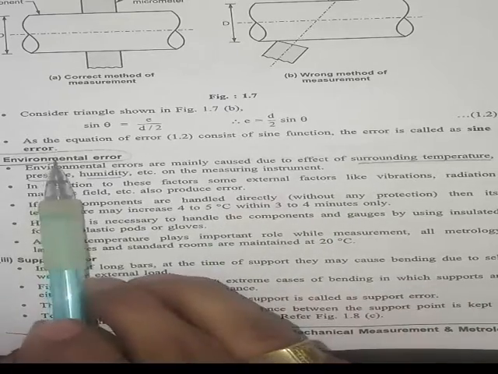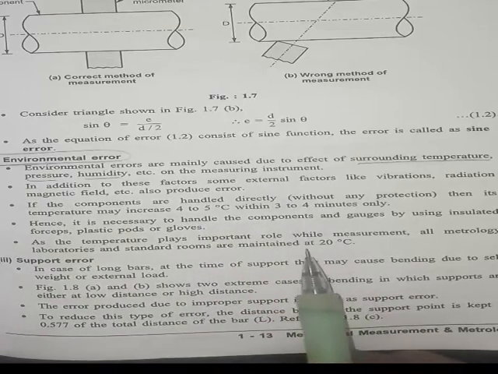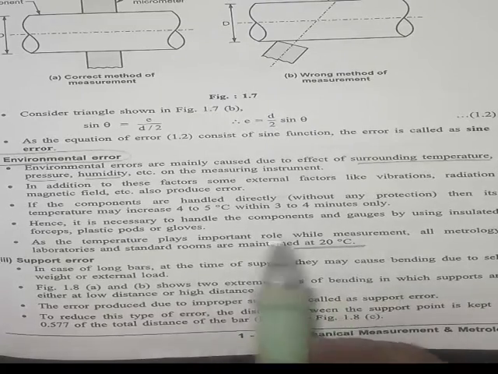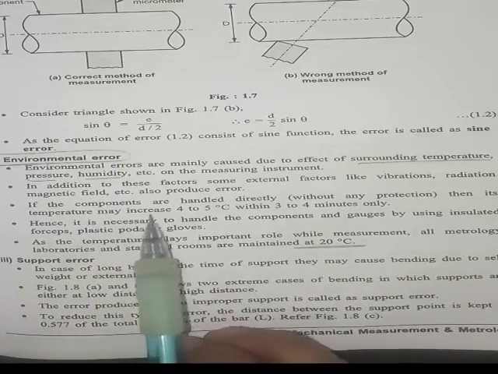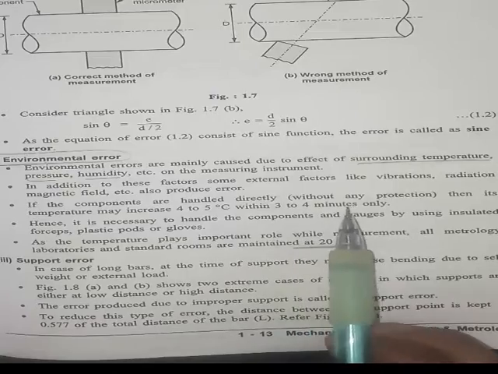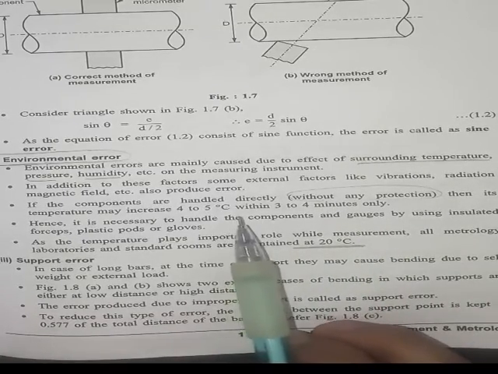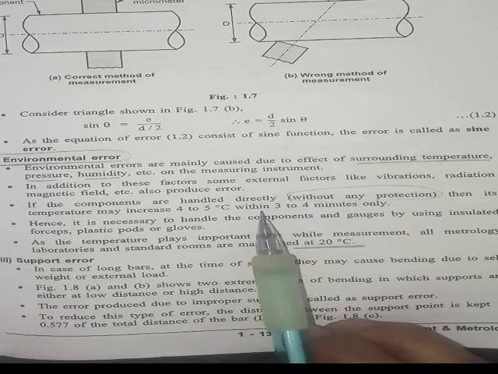So this is called the environmental error, and we should generally operate the instrument at 20 degrees centigrade. If the component is handled directly, its temperature may increase 4 to 5 degrees within 3 to 4 minutes only. So without any protection, the temperature of the measuring instrument will increase and the final result will be the error.